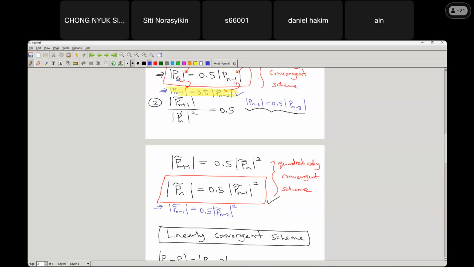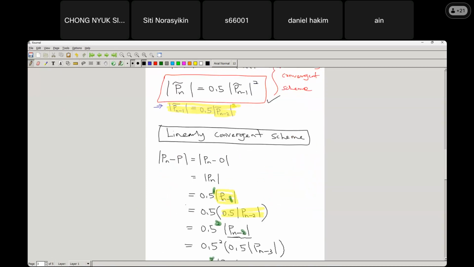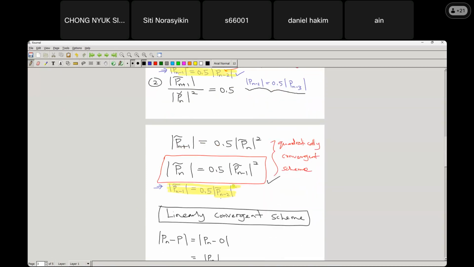Can you see? This is how we get it. So what you're going to do, you have to substitute. I highlight this term. You have to substitute your Pn minus 1 tilde into the equation that we have discussed just now. So I put it in the quadratic convergence scheme here. I'm going to substitute this Pn minus 1 tilde equal to 0.5 Pn minus 2 tilde squared.